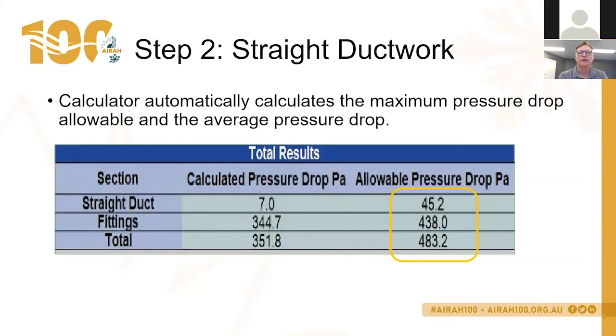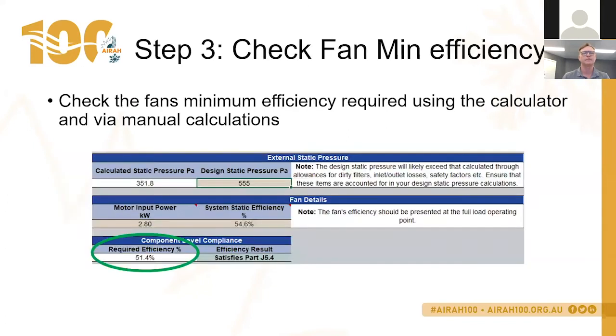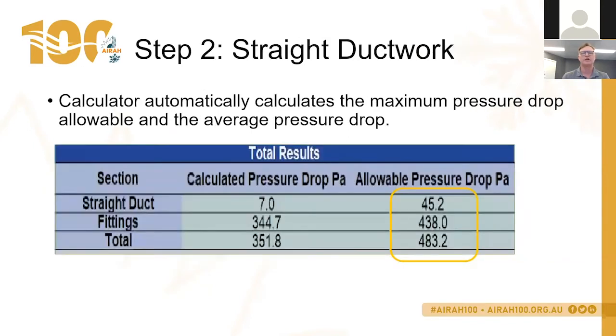So the allowable pressure drop from a code perspective is significantly higher than the calculated for the ductwork system. So that at a component level, the ductwork, and as per the table there, it is green. The calculated pressure drop is below the allowable pressure drop, so it's compliant at a component level.